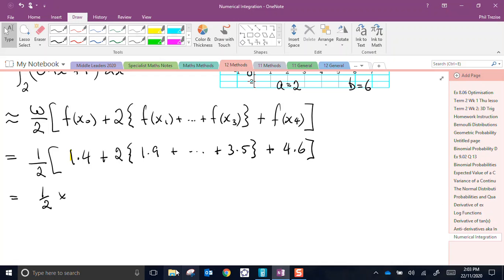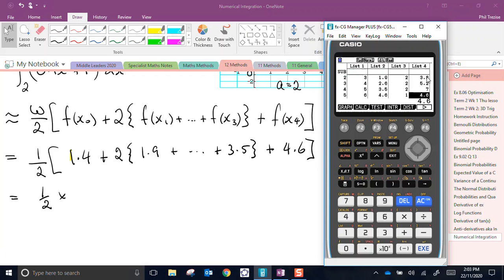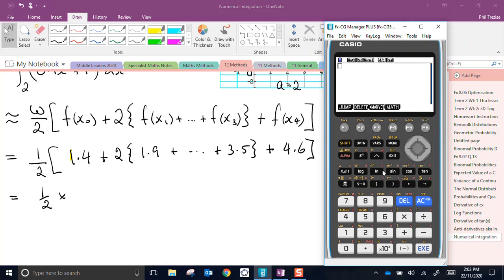Now, adding up all of those things, well, all of those things were multiplied by the appropriate factors and then stored in list 4. I really need to just add up all the values in list 4 to find out the sum inside those square brackets. To do that, I'll go back to the main screen, using the Option key and the List menu with F1.